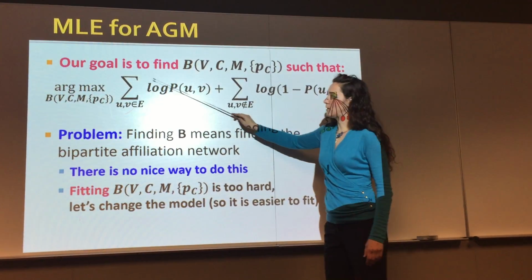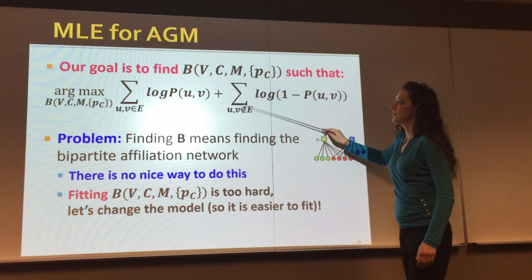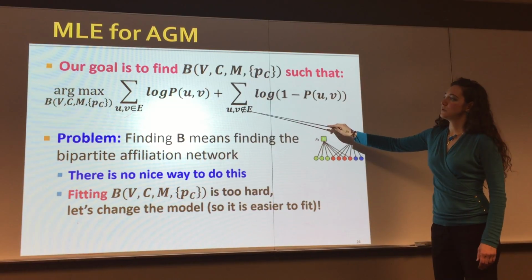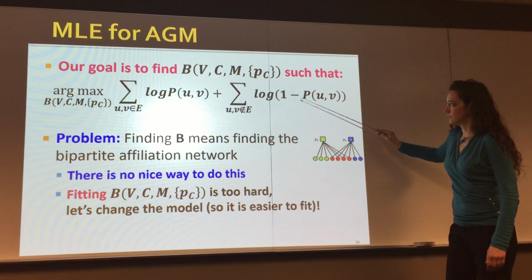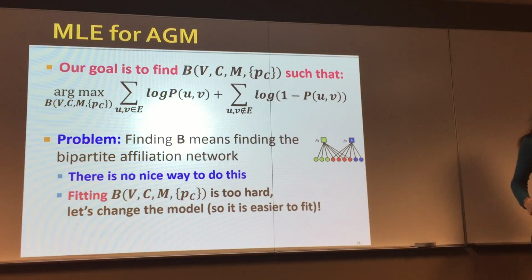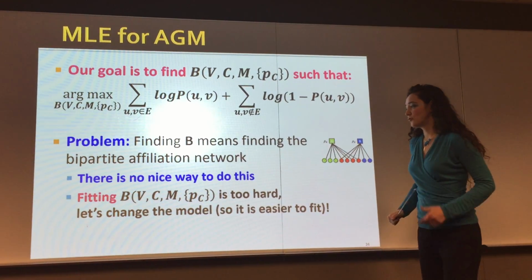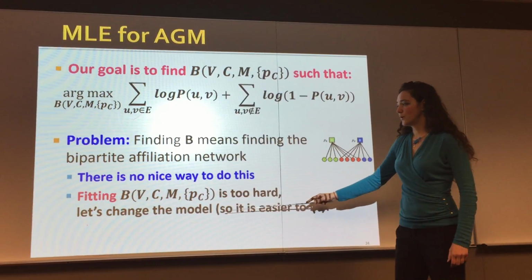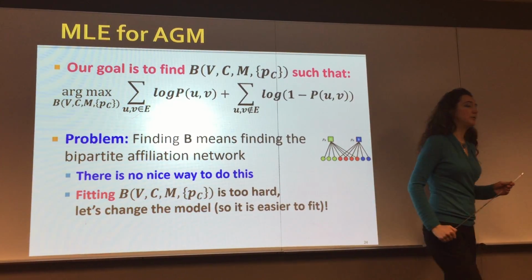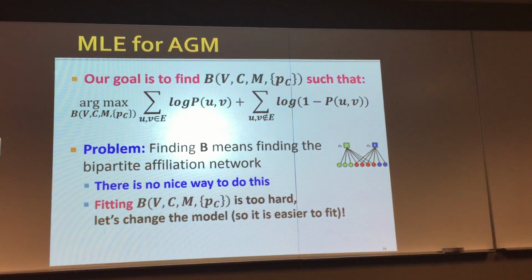So there is a sum over all the communities they belong to and a sum over all the communities they do not belong to, and they are set by the probability parameters. Now it is not very easy to do that, so we're going to have to change our model a little bit in order to accomplish that.